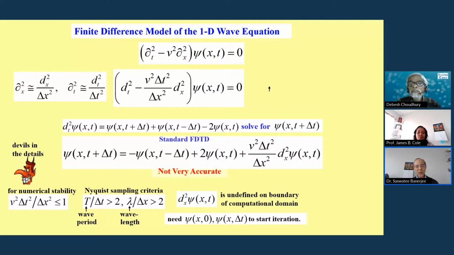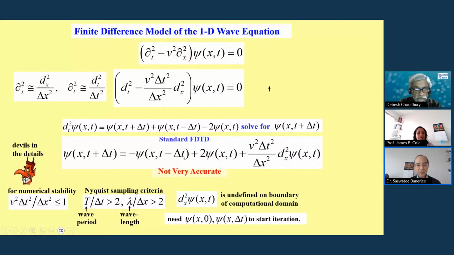And then, since we are interested in waves, you need more than 2 grid points to represent the wavelength in space, and you need more than 2 time steps to represent the wave period in time.